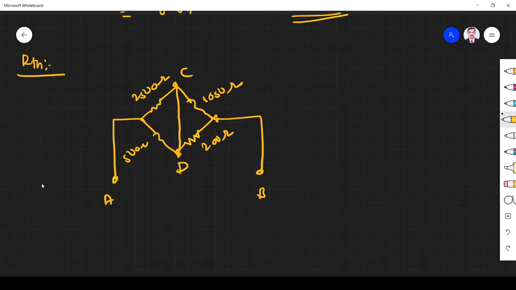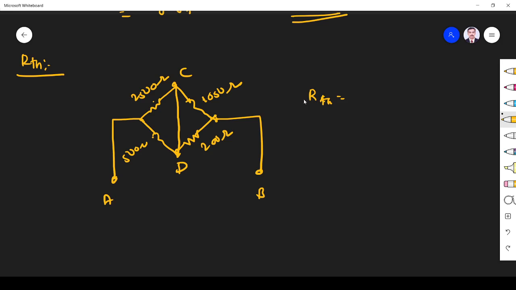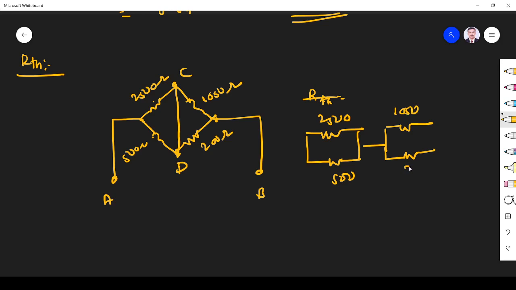Now you see, the equivalent resistance we have to find. So R is given by RCD. First we have to find, you see, 2500 and 500 are parallel, right? So I read again: 2500 and 500 are parallel. That is in series with 1050 and 200, which are also in parallel.